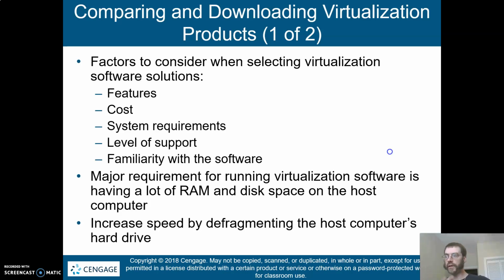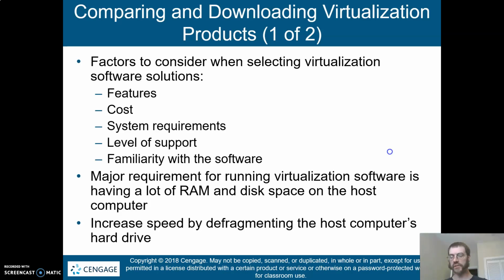But maximize your RAM if possible. Maximize your available disk space if possible. If you have to do RAID, think about RAID solutions which speed up performance. If you have to choose between redundancy and performance, go very carefully through that choice.